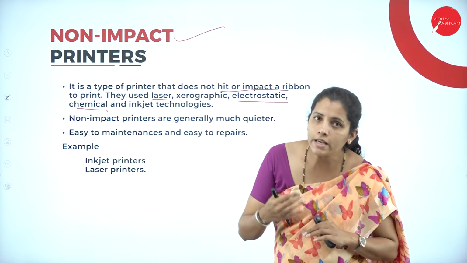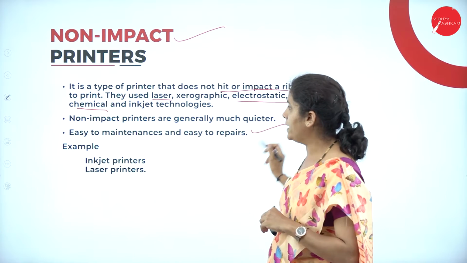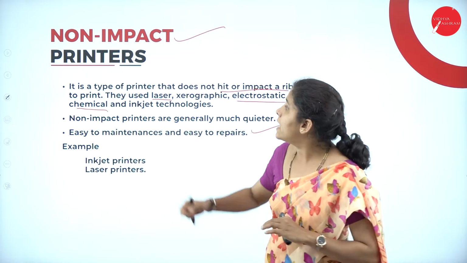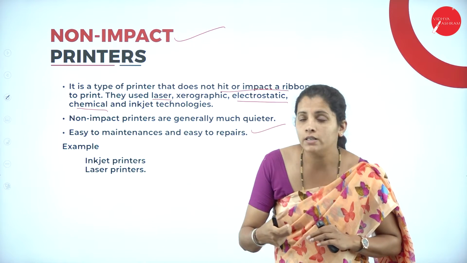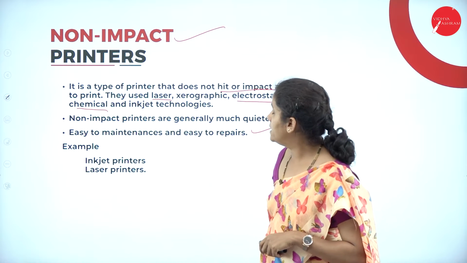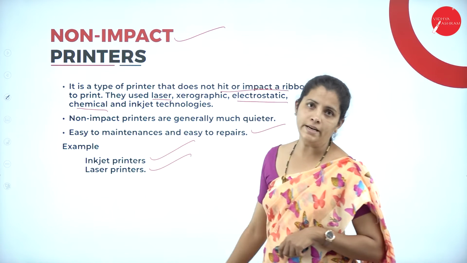So it is very easy to maintain and very easy to repair. It does not produce any noise and the quality of the printout is very good. The examples of non-impact printers are the inkjet printer and laser printer.